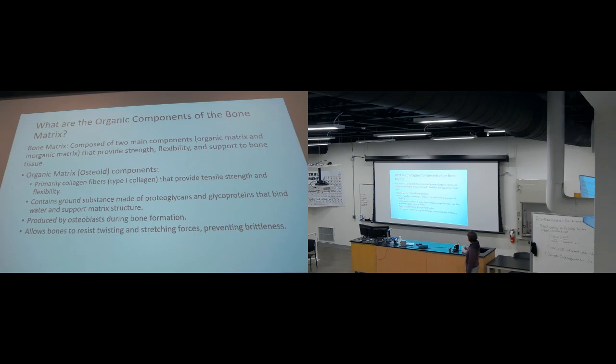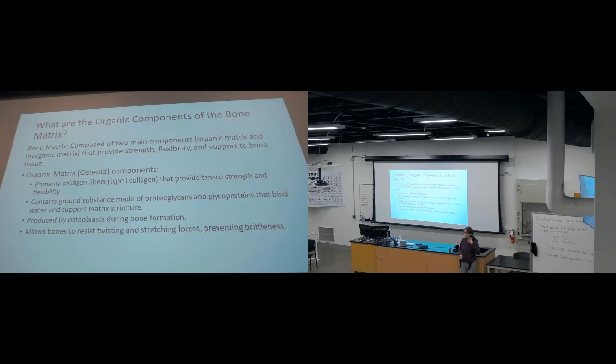And then we have not only collagen type 1 in the matrix, but we also have proteoglycans and glycoproteins that help to absorb water and bind water to give support to the matrix structure. And this matrix is made by the osteoblast. So, with this osteoid or this matrix, your bones resist twisting and stretching forces, preventing brittleness.